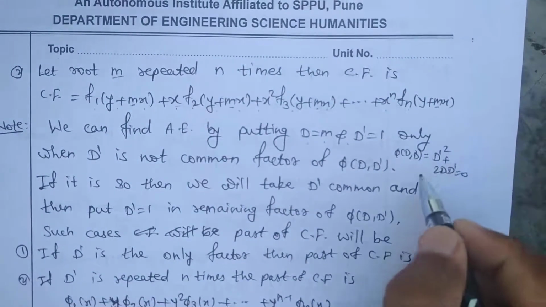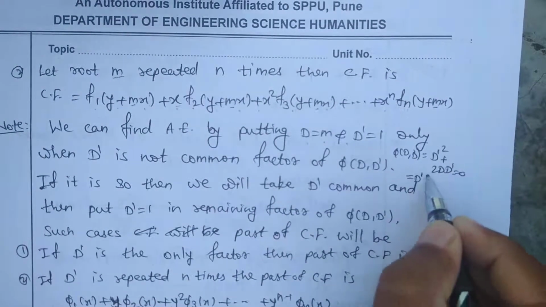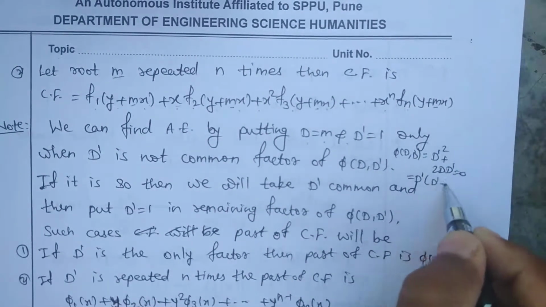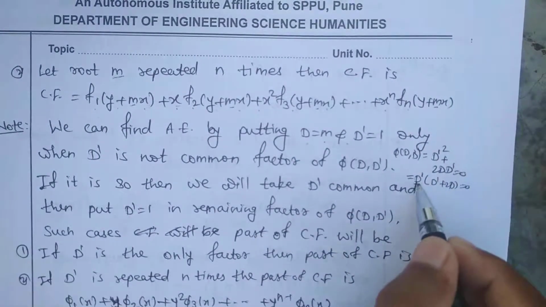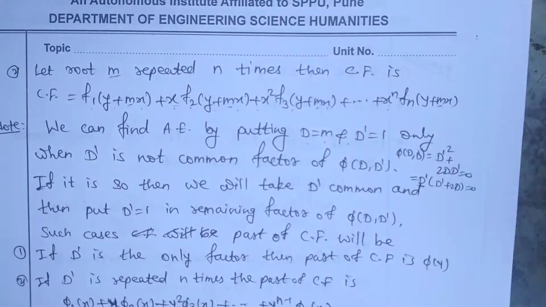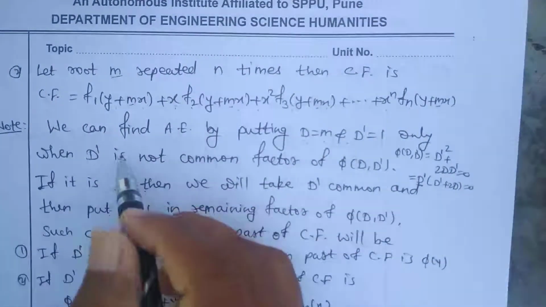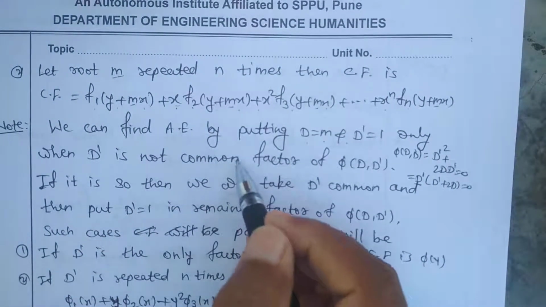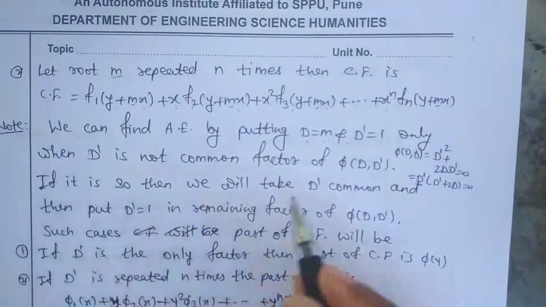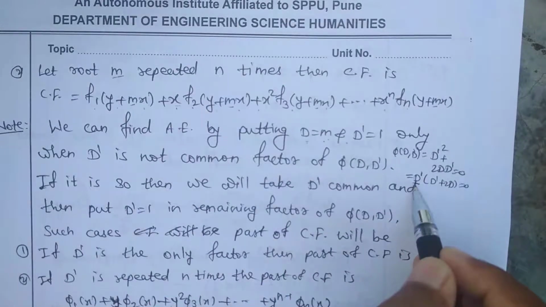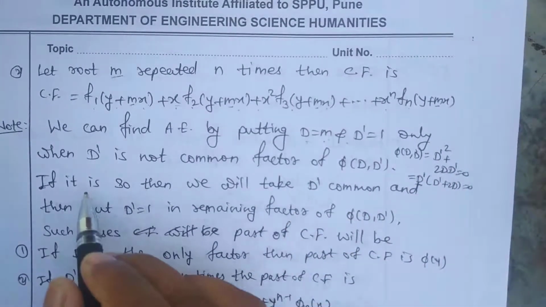If you see that, this can also be written with D dash common, and you will get D dash times (D dash plus 2D) equals 0. So we will get the term D dash as a common term. If D dash is not a common term, then only you can put D equals m and D dash equals 1. And if D dash is a common term in our phi of D, D dash, then what do we have to do?